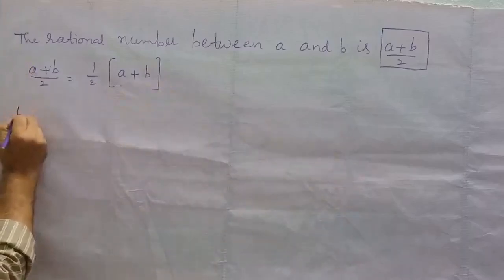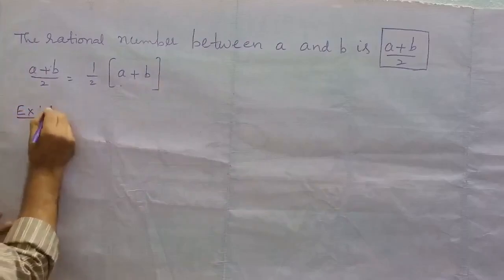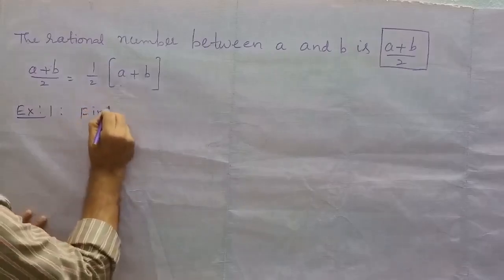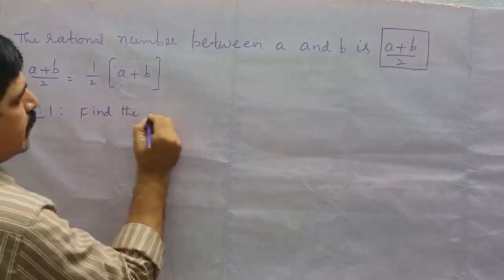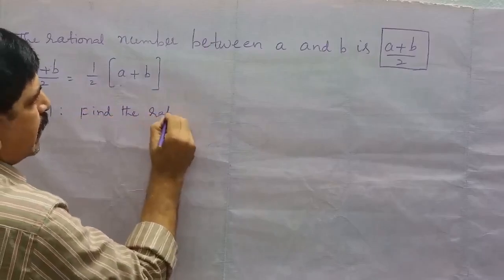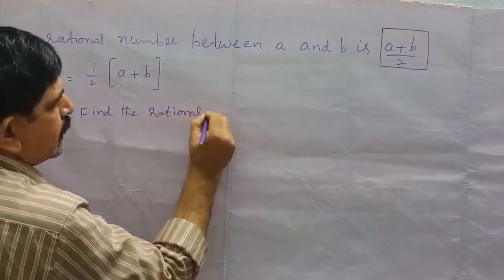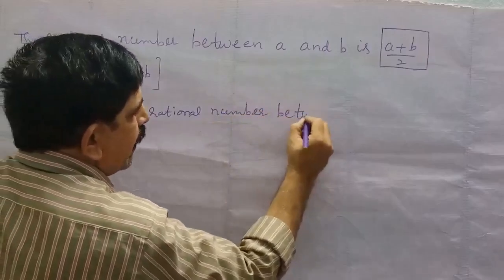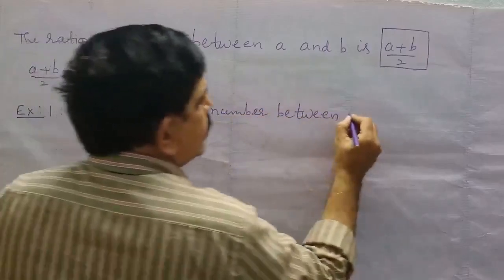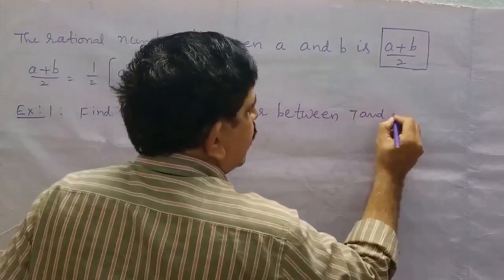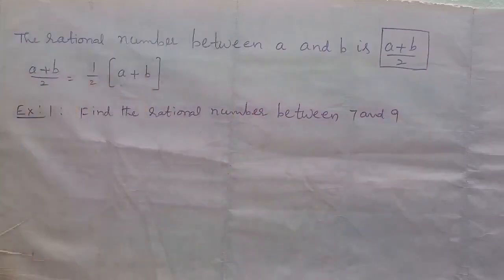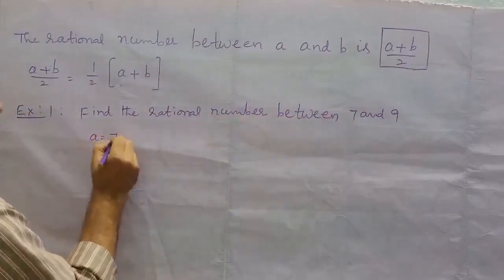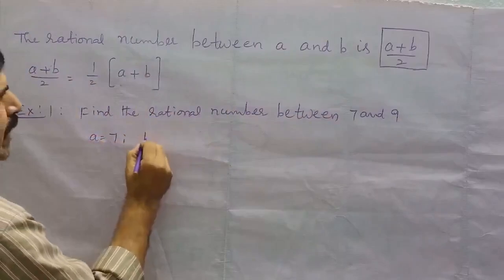Example 1. Find the rational number between 7 and 9. Take A equal to 7 and B equal to 9.